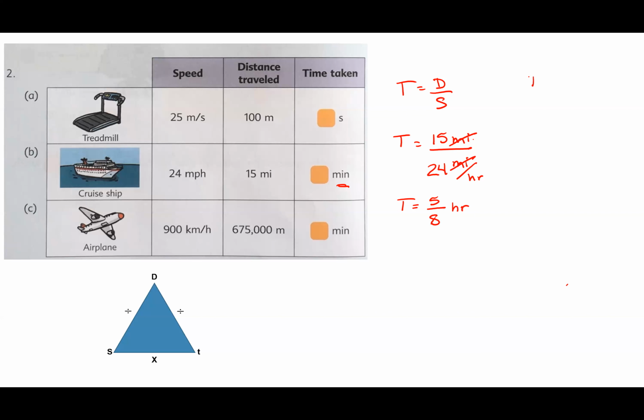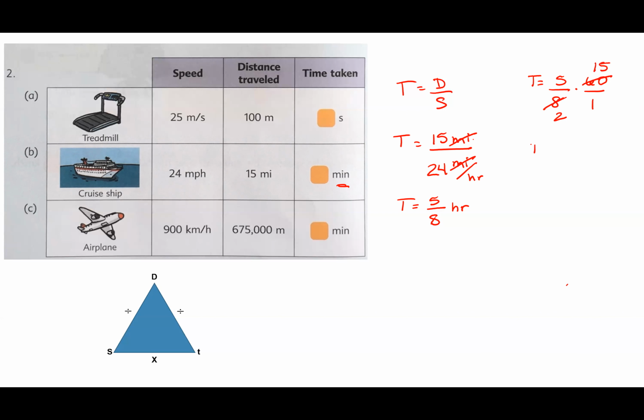Now, how can I figure out what 5/8 of an hour is in minutes? Elijah? Multiply it by 60. Okay. 5/8 times 60 over 1. And we can do some cross canceling. Let's divide by 4 here and divide by 4 up here.